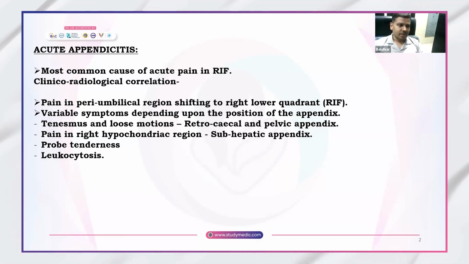And if the appendix is located in the subhepatic region, the pain may be located in the right hypochondriac region as well. On clinical examination, there will be tenderness in the right iliac fossa region, or maybe in the right hypochondriac region, depending upon the position of the appendix. And of course, on blood examination, there will be leukocytosis.